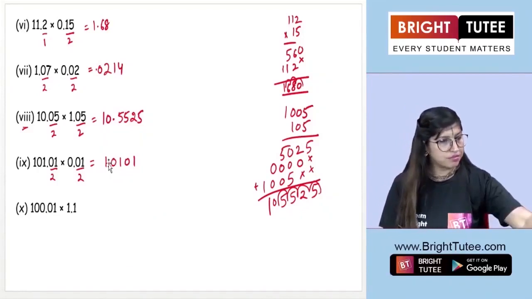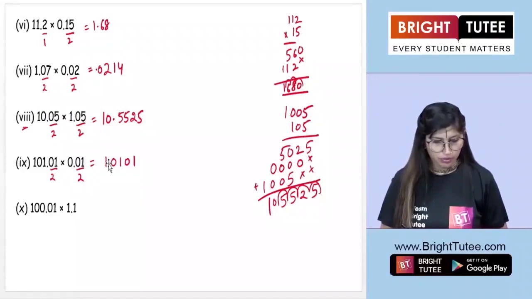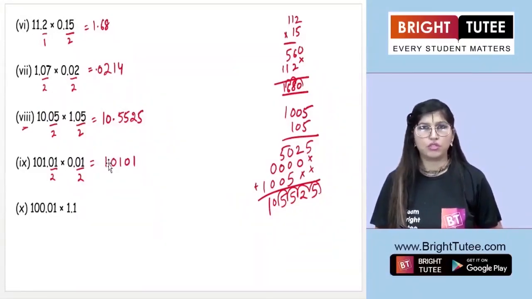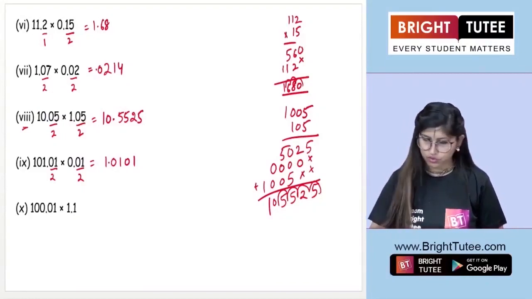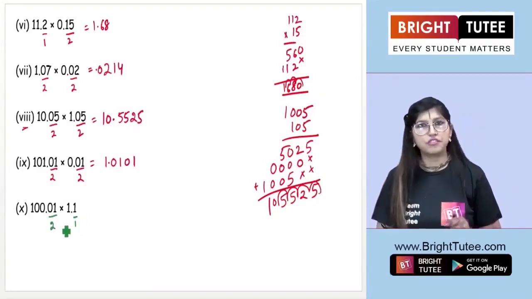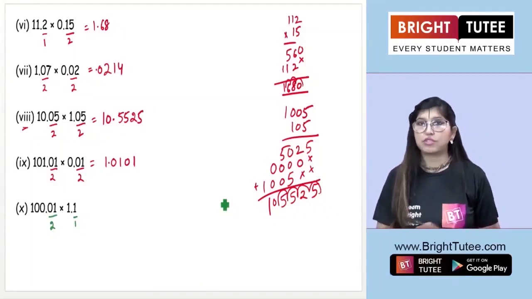Moving on to the last part of this exercise, we have 100.01 into 1.1. So what are we doing? We will be multiplying these two first. Here 1 digit, here 2 digits. So we'll be shifting the decimal point 3 places to the left.